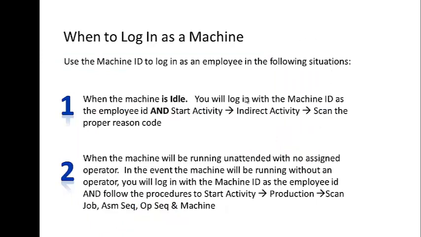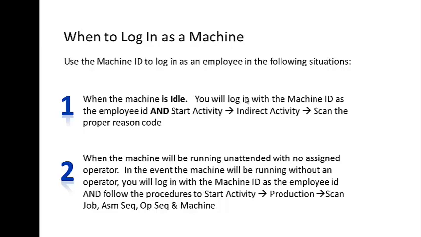Once you log in as the machine, you would log in as a machine in two situations. One, when the machine is idle, you need to log indirect activity to scan for the reason that the machine is idle, or when the machine will be running unattended with no assigned operator.